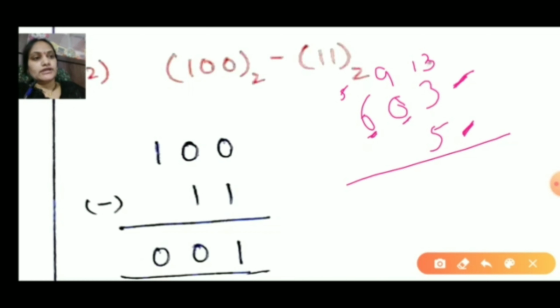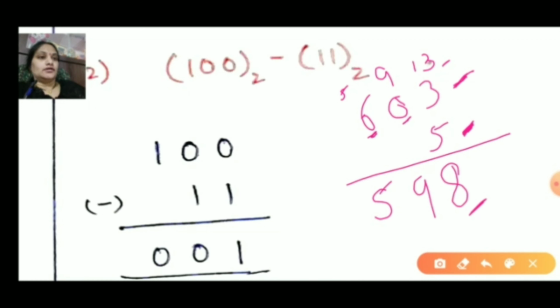Okay. Now you can easily subtract this 5 from 13. That is 8. You will get 8. And again you have to write this 9 here and here is 5. So what is the result? 598. By subtracting 5 from 603, we are getting 598.